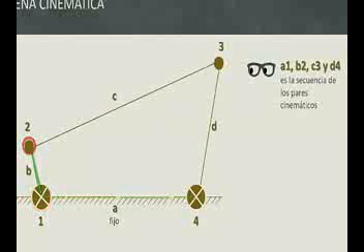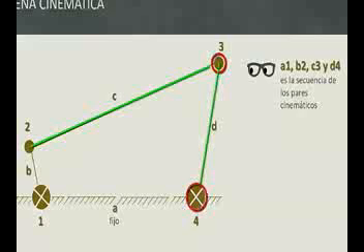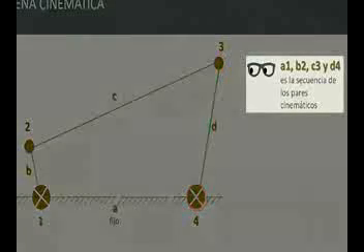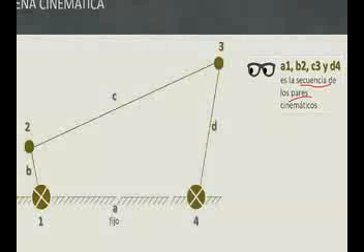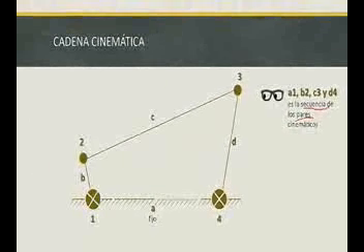When a series of elements are connected to each other by kinematic pairs in such a way as to allow motion to be carried, it is called a kinematic chain. A kinematic chain is not necessarily a mechanism.